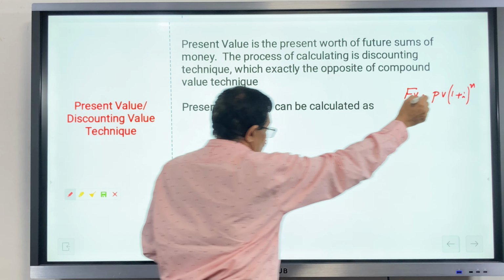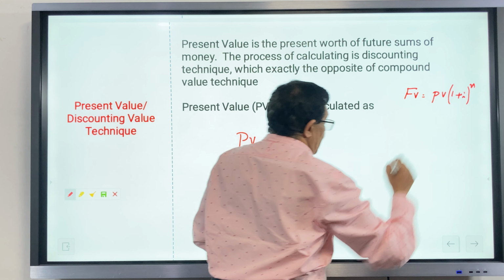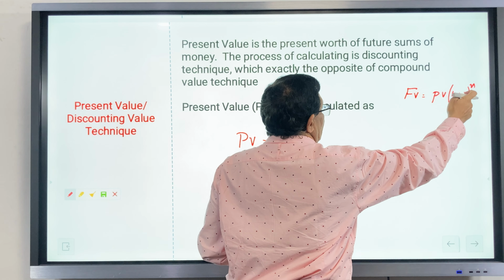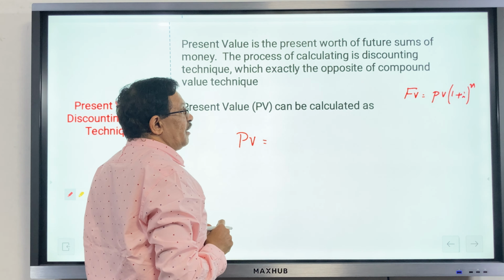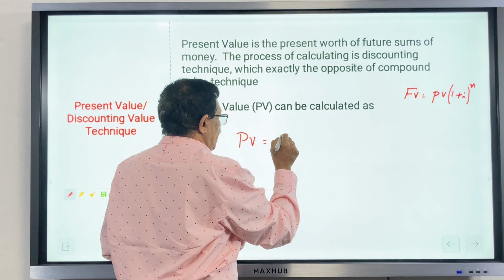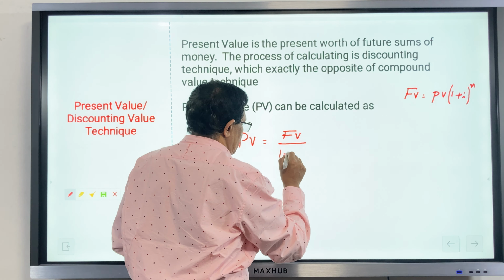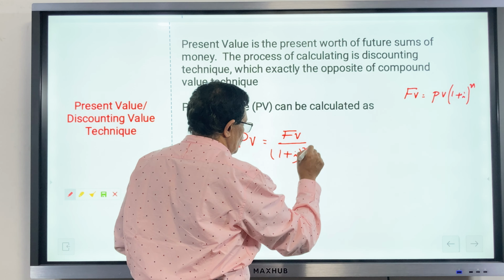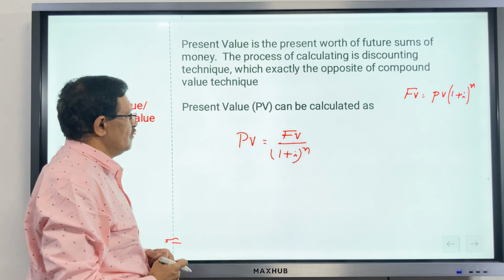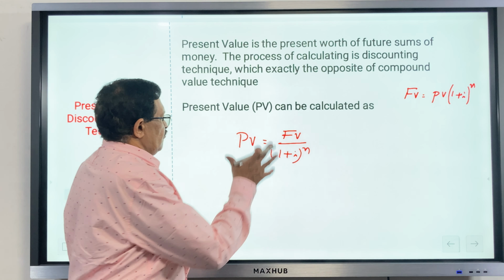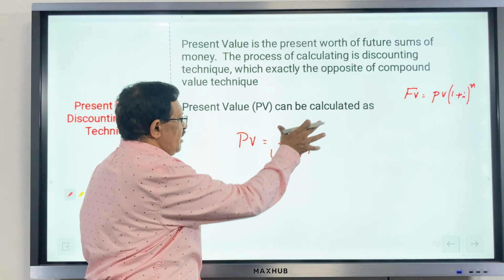When the future value is equal to present value multiplied by (1 plus I) to the power of n, you can bring (1 plus I)^n to this side, then it will be future value divided by (1 plus I)^n, which will give you the present value. This is very simple. So for a given amount in the future, we can find out what the present value is.